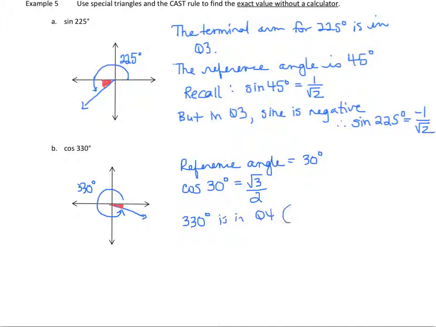And in quadrant 4, cosine is in fact positive. So therefore, the exact value for cosine 330 degrees is positive root 3 over 2. And that concludes this lesson.